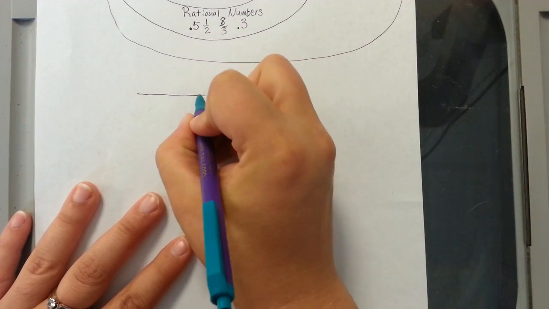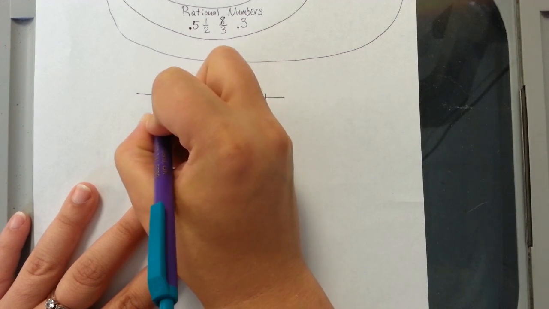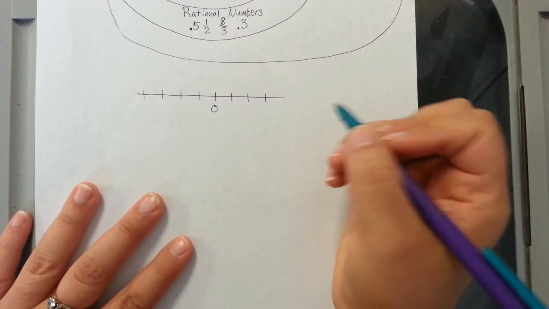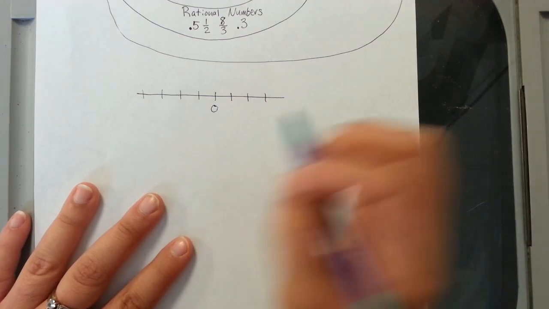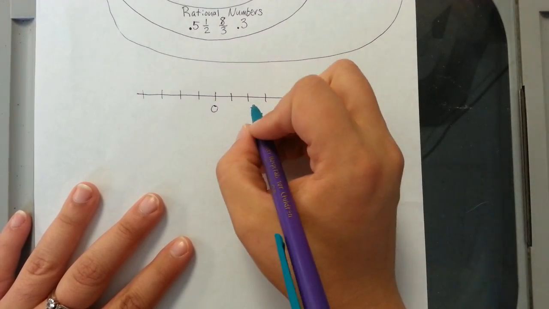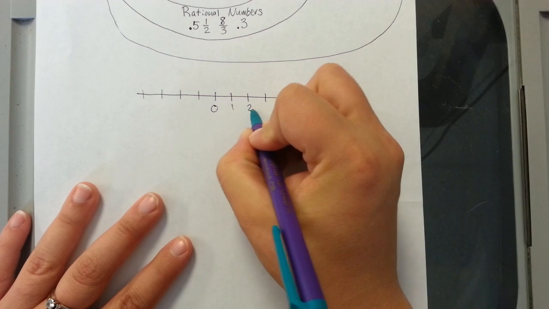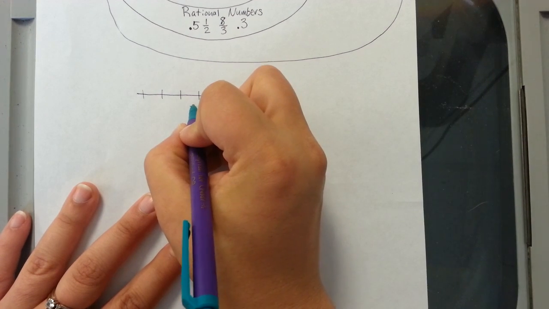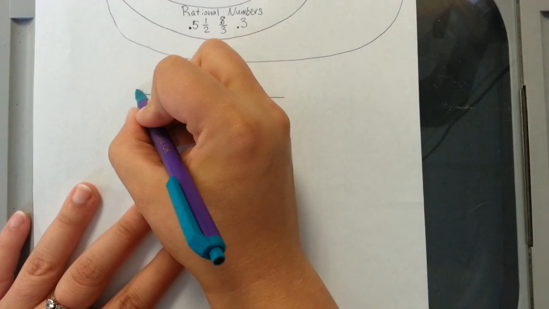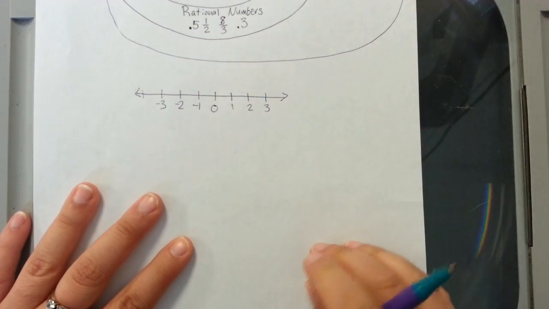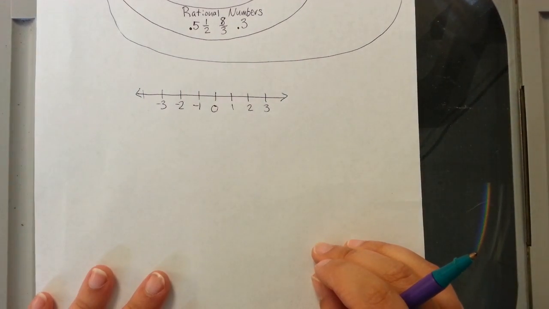You can count off by 1s, 2s, 3s, 5s, 10s, hundreds. As long as you're always counting off by the same thing for each little tick mark, you're good. I'm going to choose 1, 2, 3, and then this would be -1, -2, -3. And I'll put little arrows here to indicate that this goes off forever in either direction.